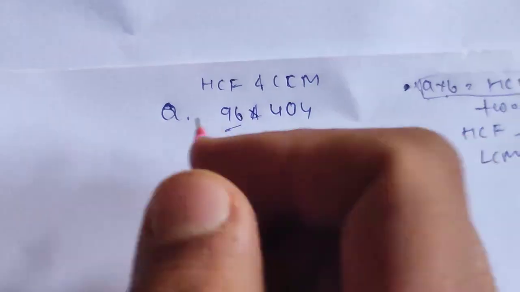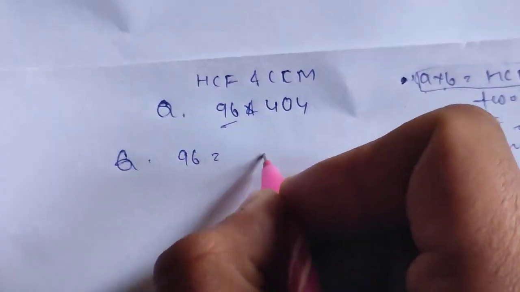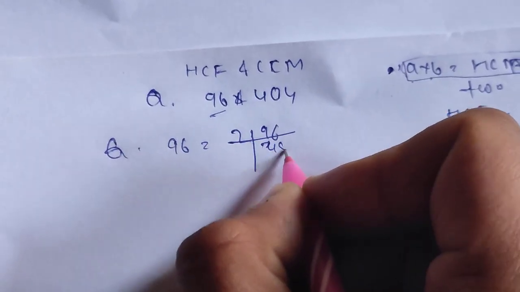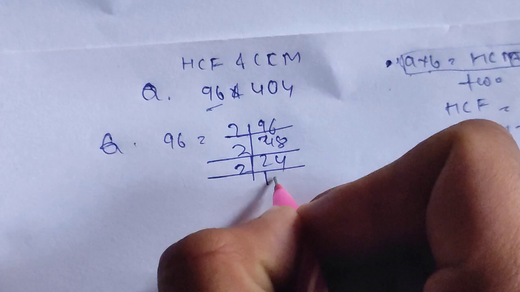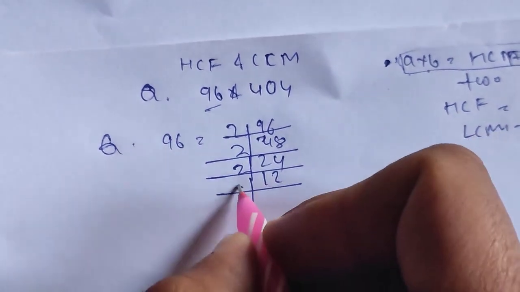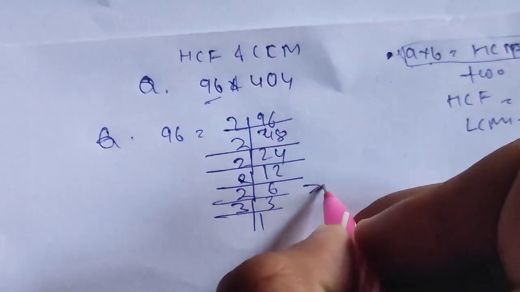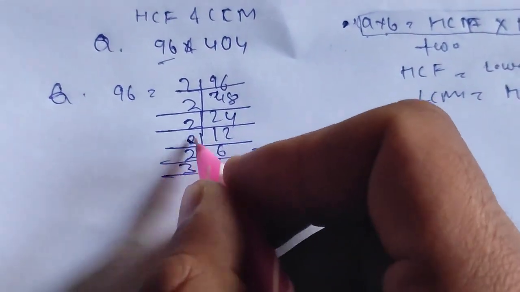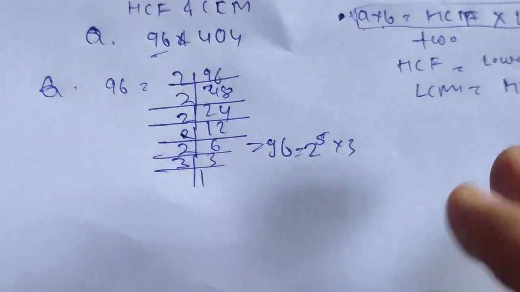So let's solve. First we take the factorization of 96. 96 divided by 2 becomes 48, then 24, then 12, then 6, then 3, and overall 1. So 96 becomes 2 to the power 5 into 3.